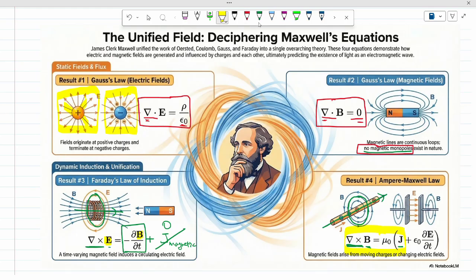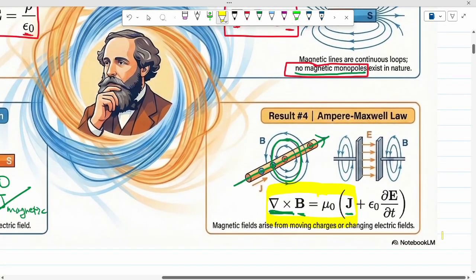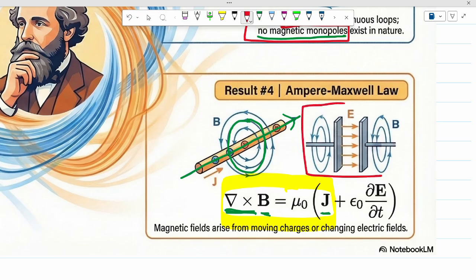And this is Maxwell's contribution to what we now call Maxwell's equations. He was the last person to complete this set of equations, so we named the whole set of 4 equations after him. He considered this scenario where you would have a setup where the current is interrupted in the middle.